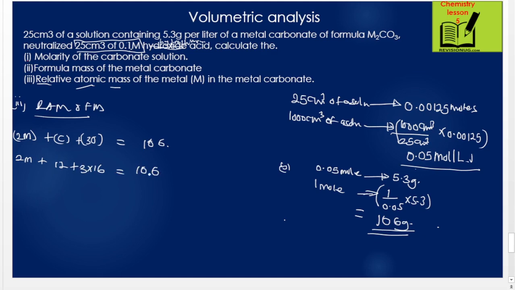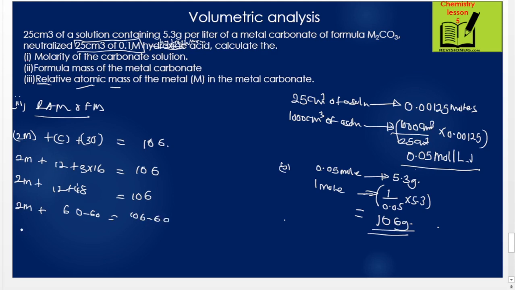Therefore, this is 2M plus 12 plus 48 gives us 106. So 2M plus 60 gives us 106.